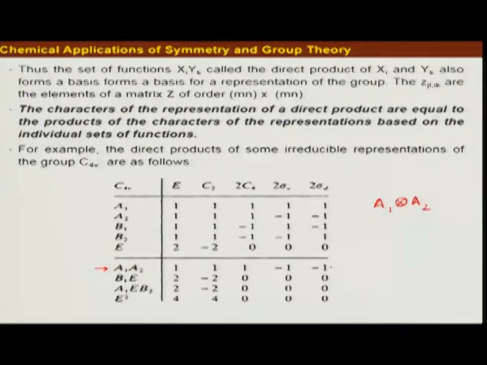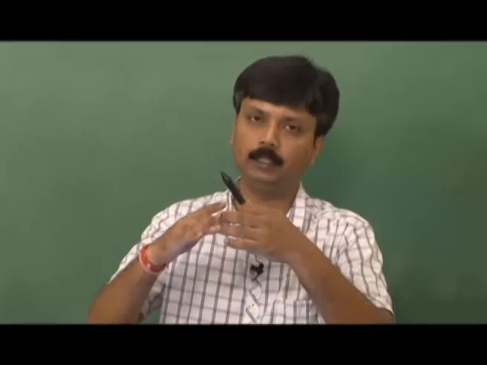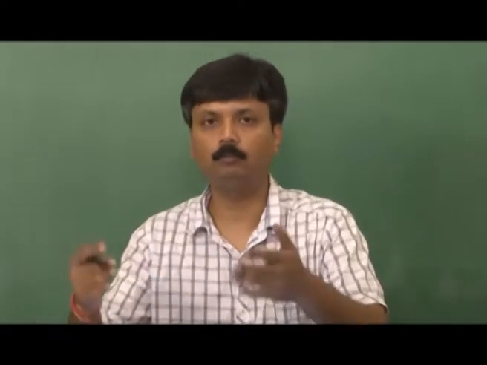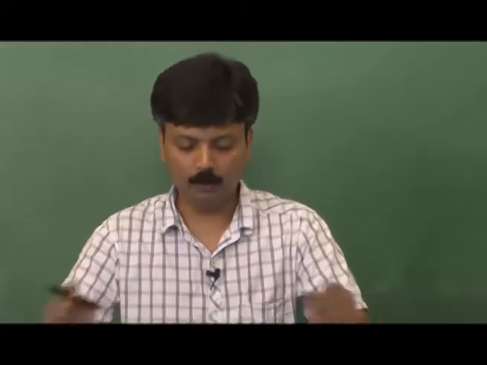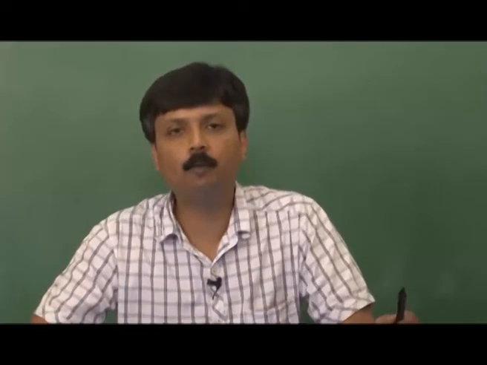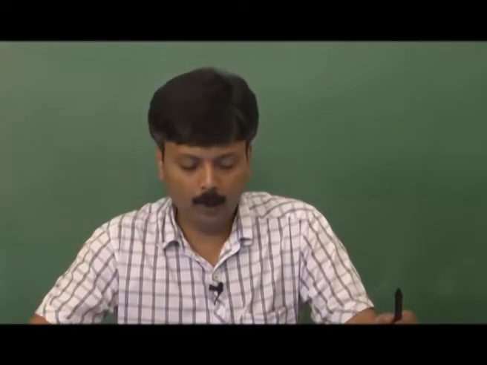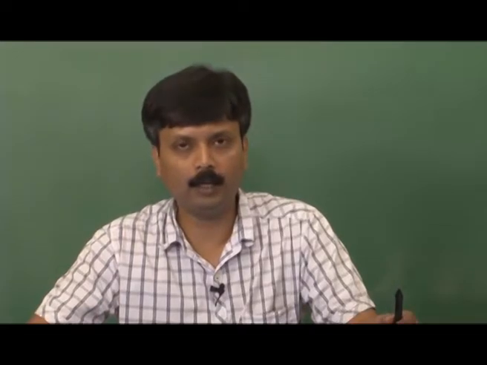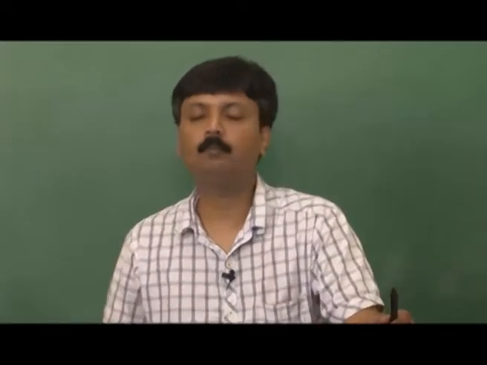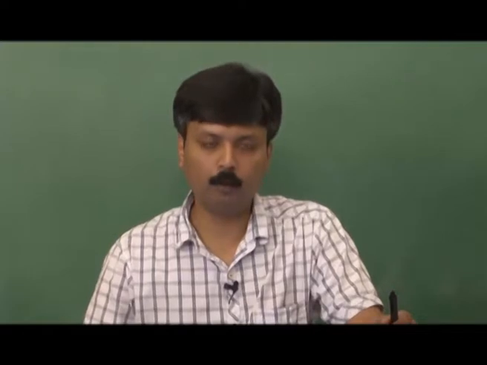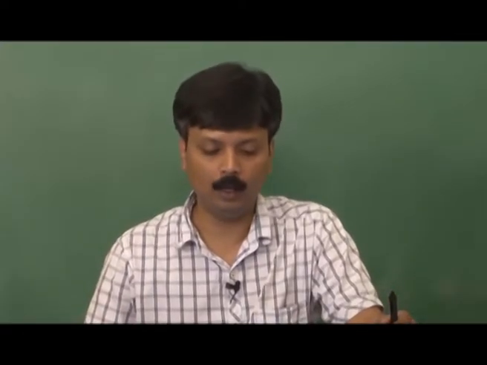You can take any point group, find the character table, and combine any two irreducible representations by taking their direct product. Now you may ask, why do I need this direct product? In the previous class we saw one example of using the direct product. There is a much more important role that the direct product plays.